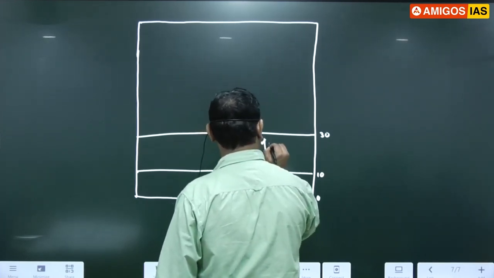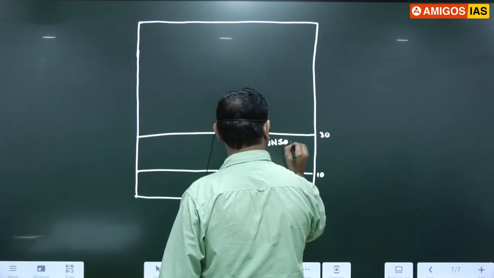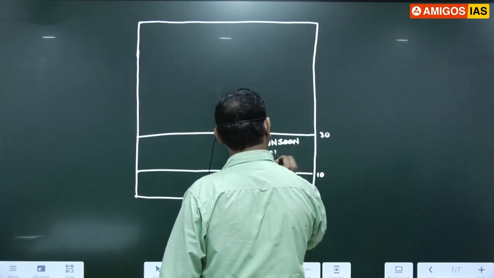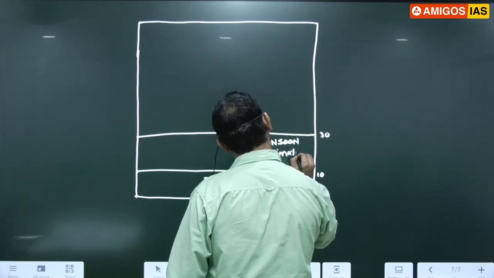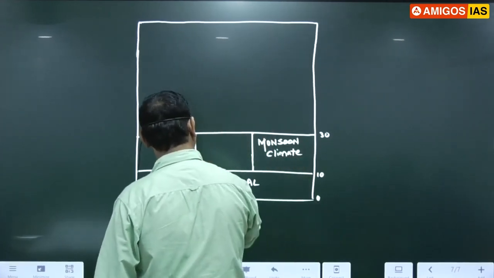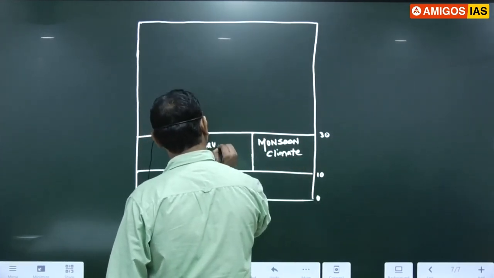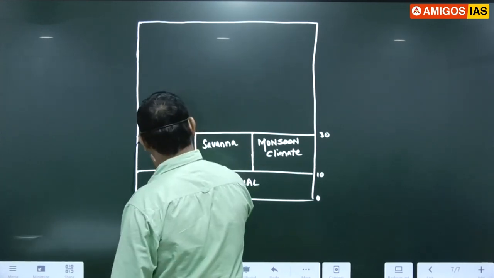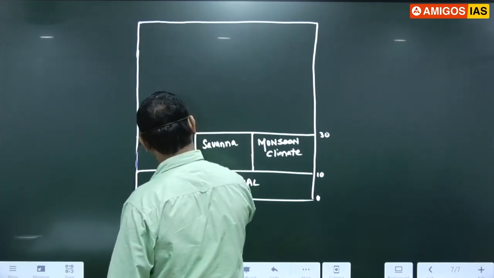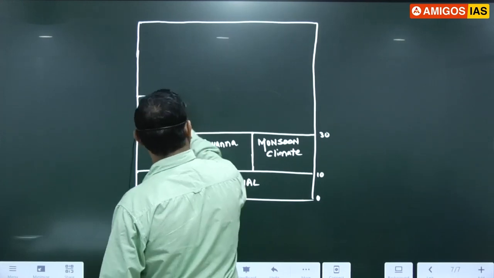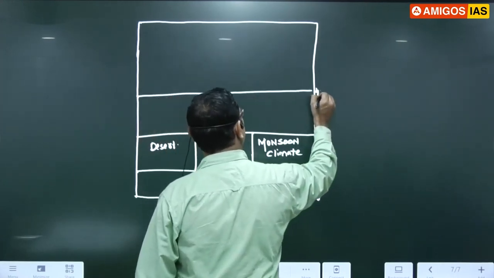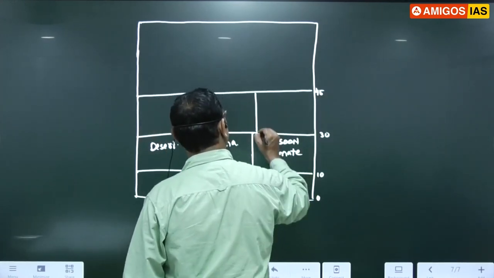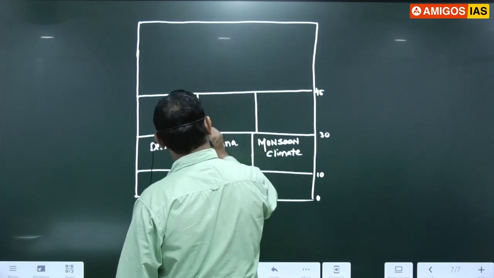This is monsoon type of climate. This is savanna type climate. Right? This is desert type of climate. This is 45 degree. What is that? Come on.